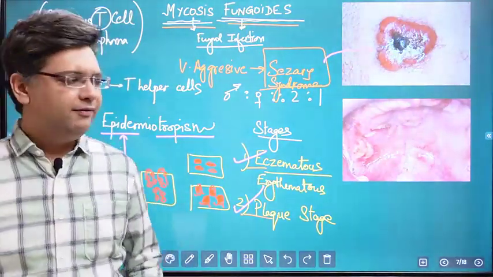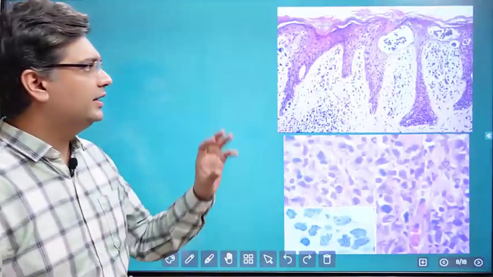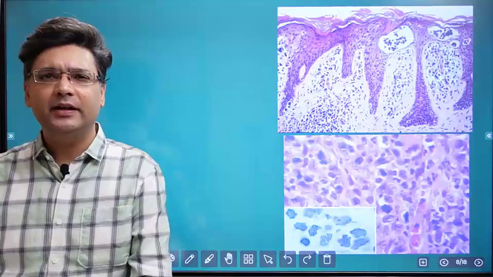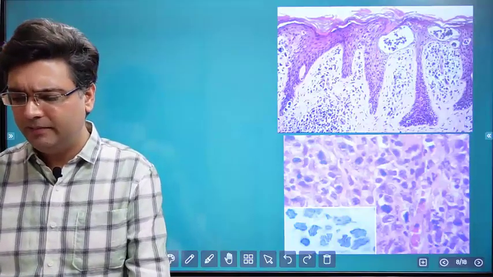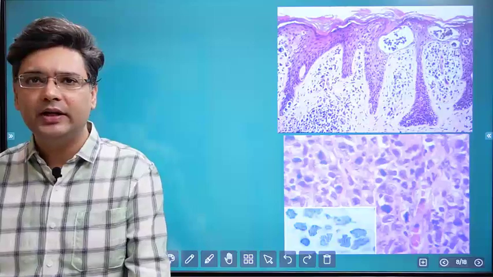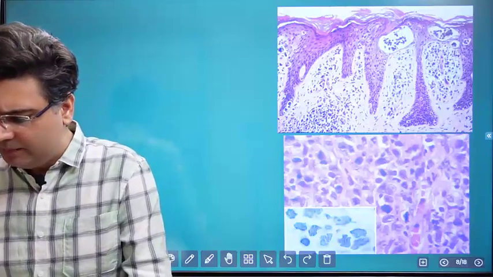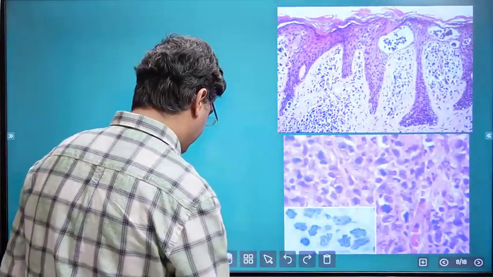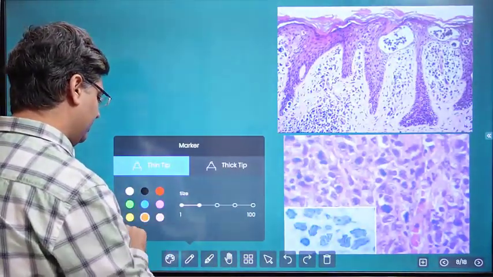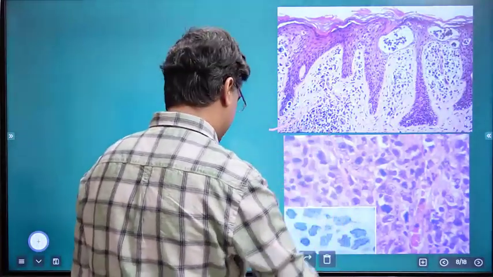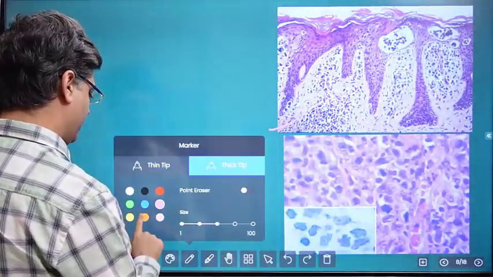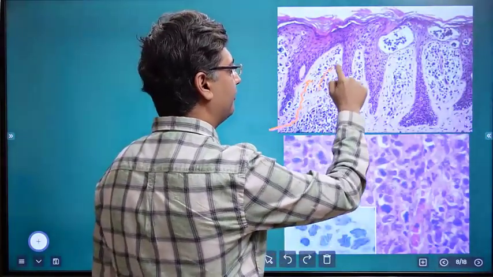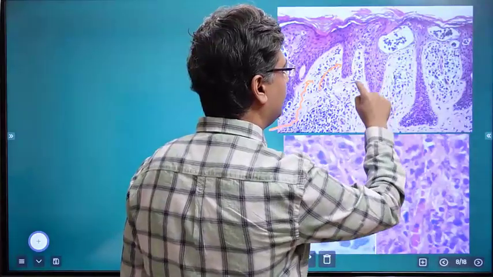Okay, now if we take a look at the histopathologic slide here, these features of mycosis fungoides are mainly appreciated in the plaque stage. So in the plaque stage, what happens? From the connective tissue area, you see these cells traveling, and from here they start reaching the epithelium as well.